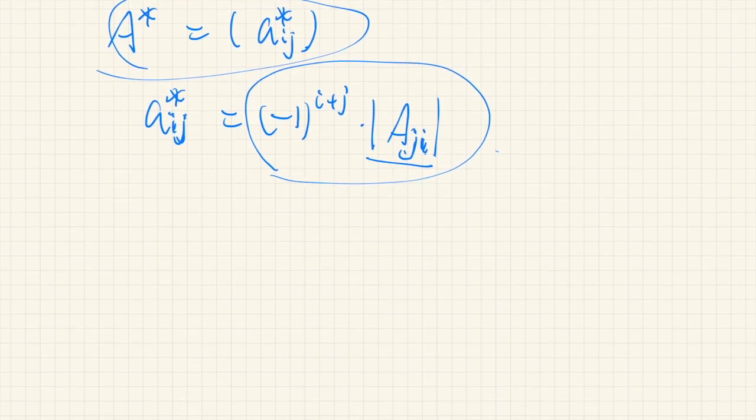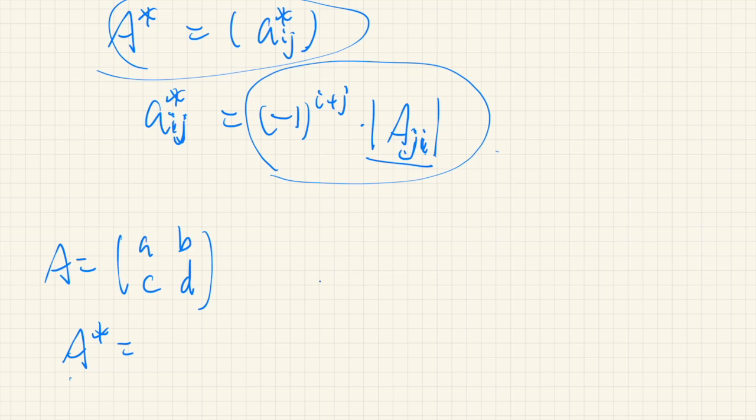So in case of a 2 by 2 matrix A, B, C, D, let's call it A, and its adjugate is, so what is it? One element of this adjugate should be something like this. So A11 is this.